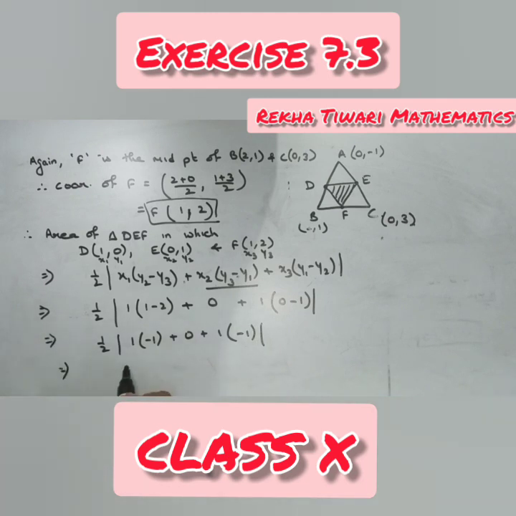This implies half, minus 1 minus 1. Half into mod of minus 2. Right. And if you remove the sign with the mod, it becomes positive. So this is a half into 2, which is equal to 1 square unit.